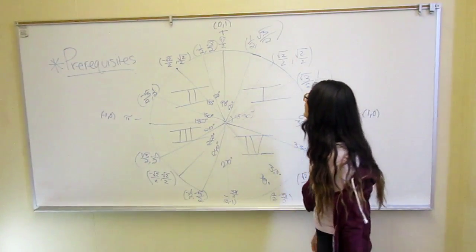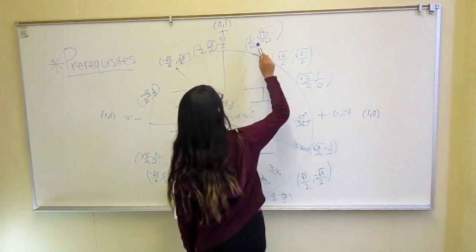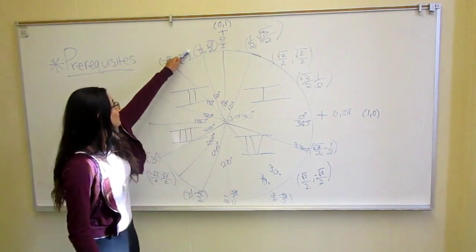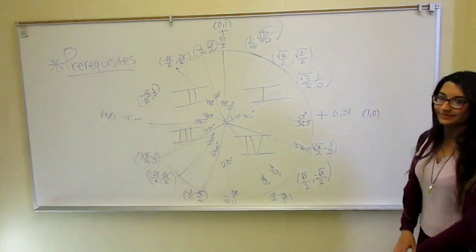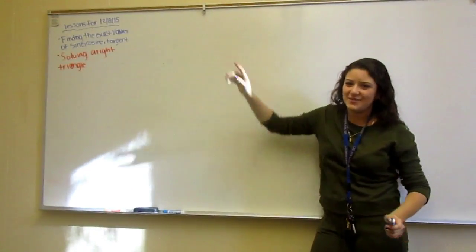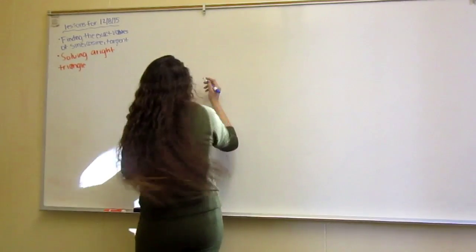And then 60 degrees is 1/2, comma, radical 3 over 2, the same thing all around the circle. So the first lesson today is finding the exact values of cosine, sine, and tangent. Let's start with a practice problem.